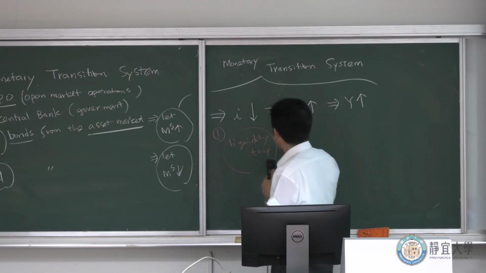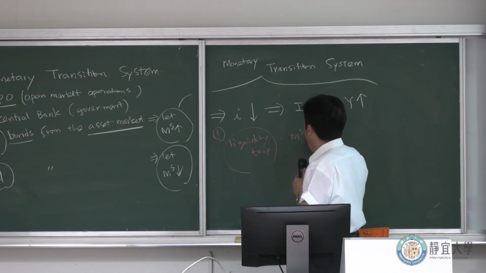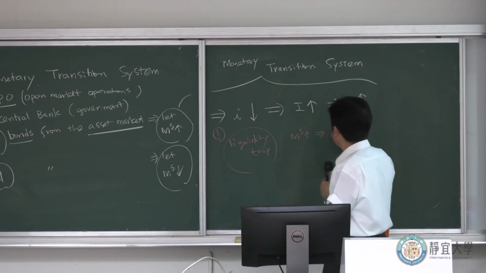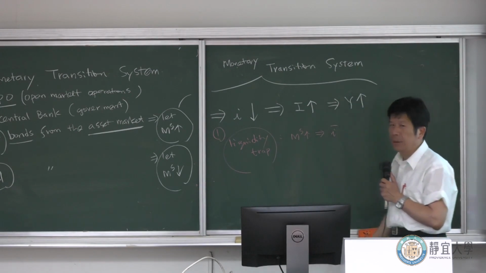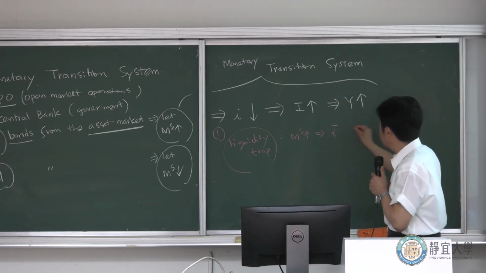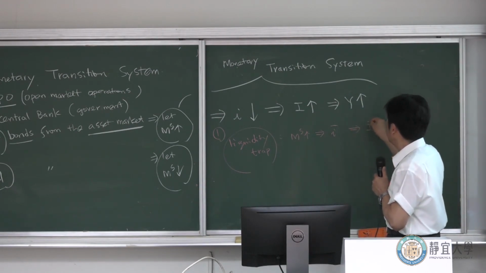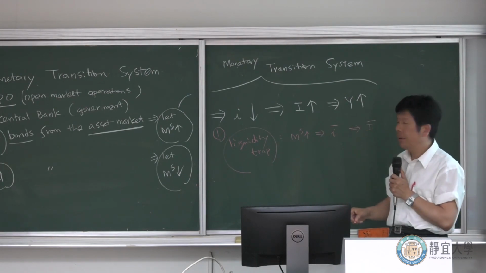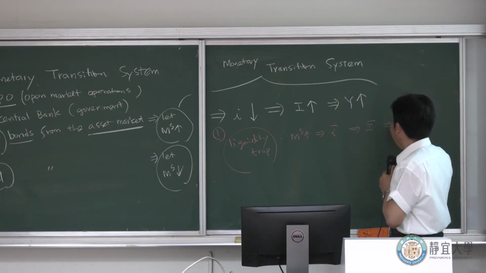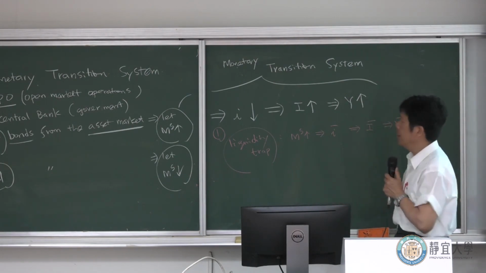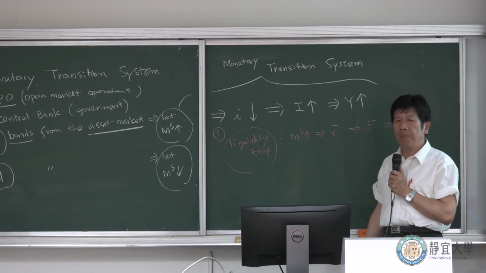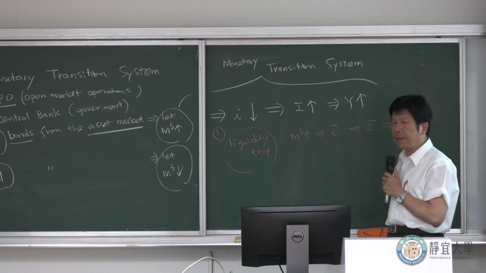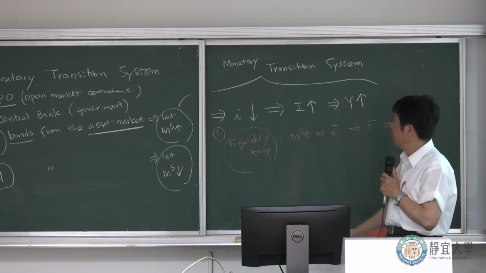If the money supply increases but the interest rate is constant, then investment is also constant, and Y is also constant. So monetary policy becomes ineffective.